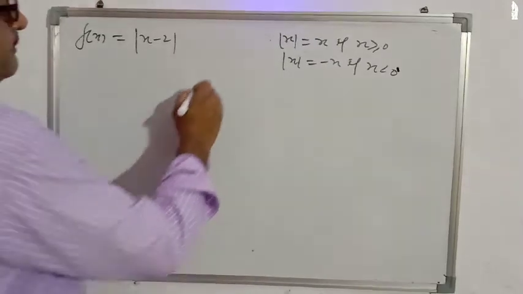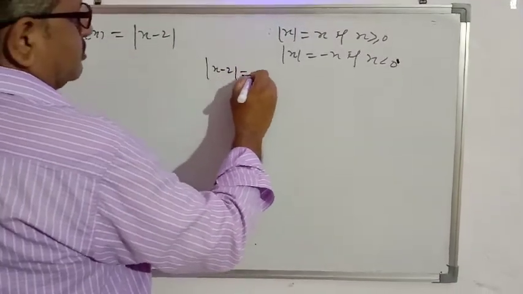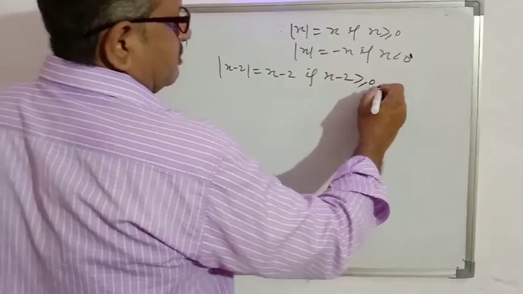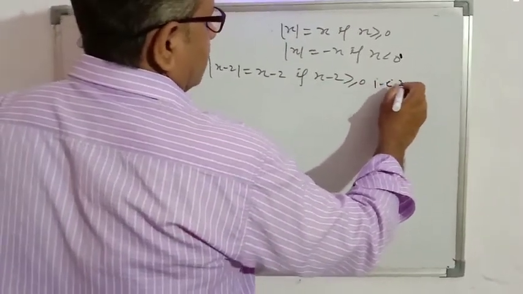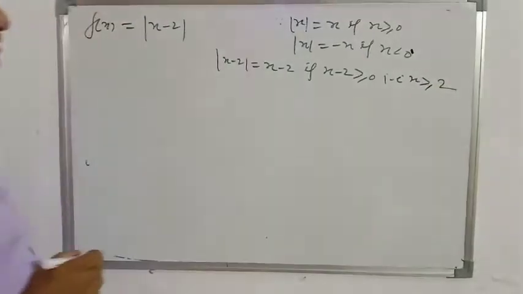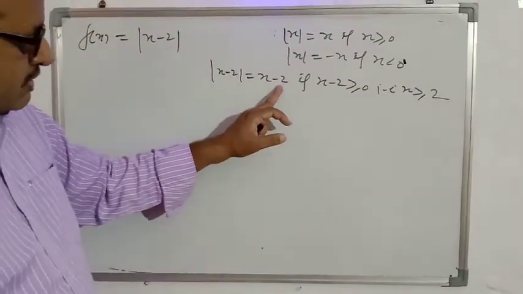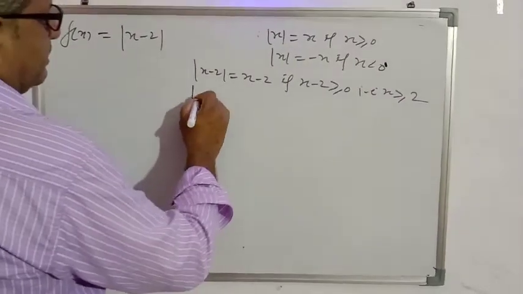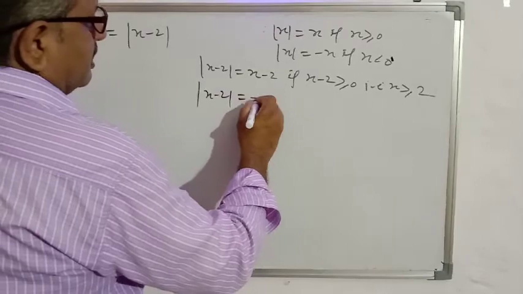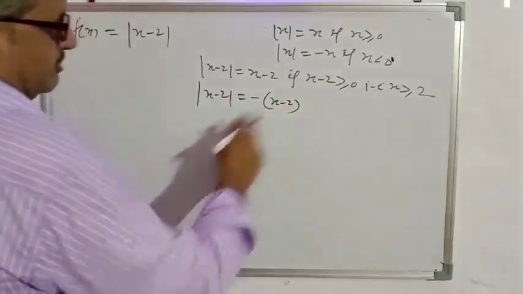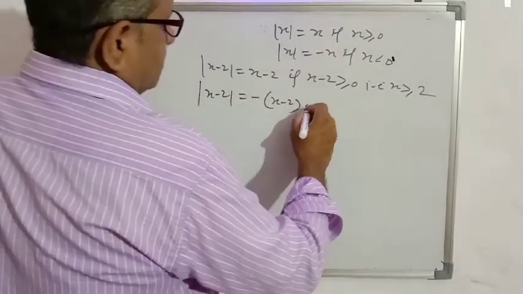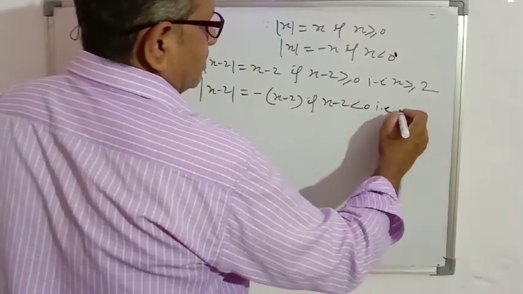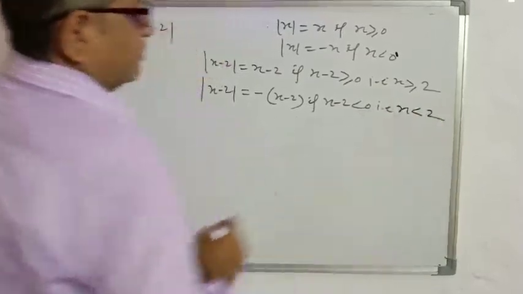So similarly here, |x - 2| will be x - 2 if x - 2 is greater than or equal to 0, that is x greater than or equal to 2. And |x - 2| will be -(x - 2) if x - 2 is less than 0, that is x less than 2.